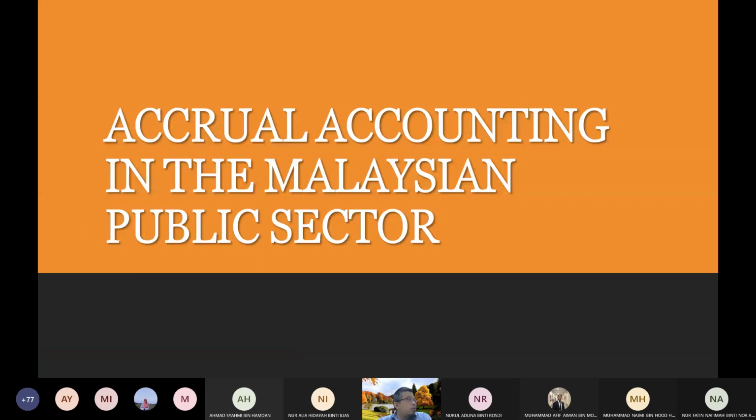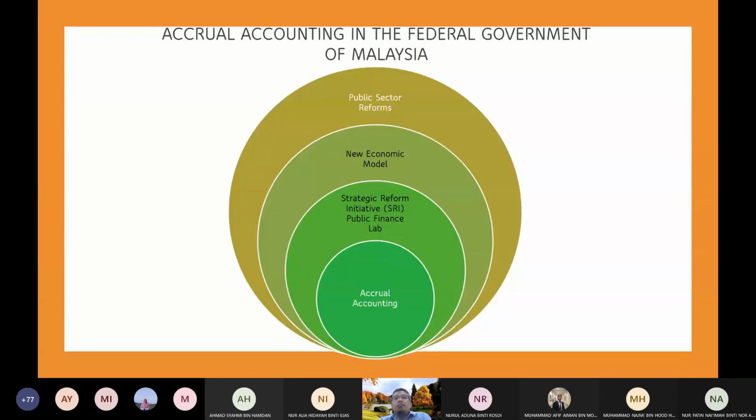Right, now we move on to accrual accounting in the Malaysian public sector. It's part of public sector reforms, the new economic model, and then there was a strategic reform initiative, the public finance lab, for them to implement accrual accounting.